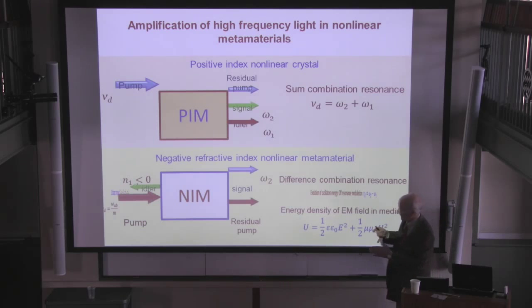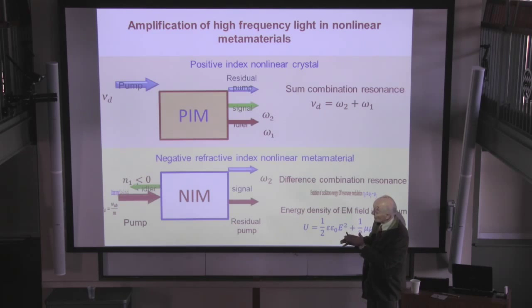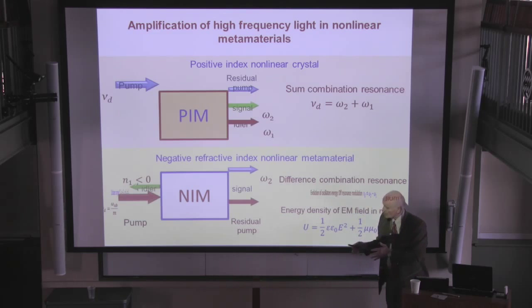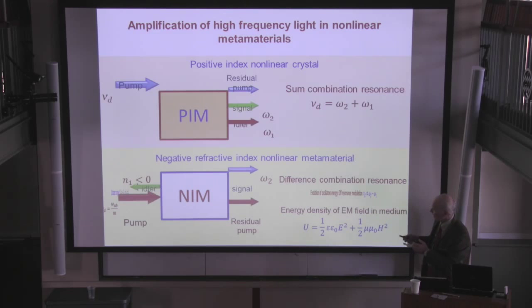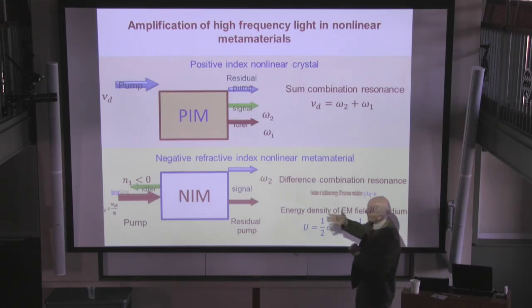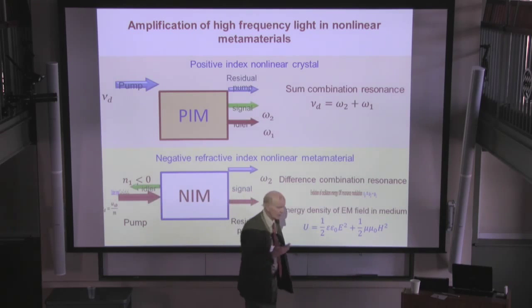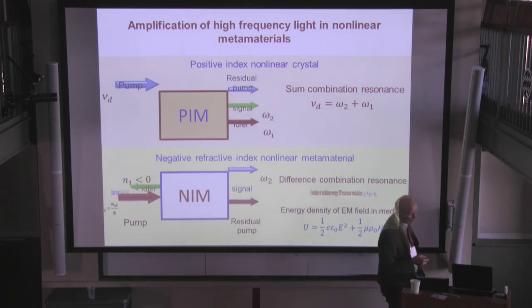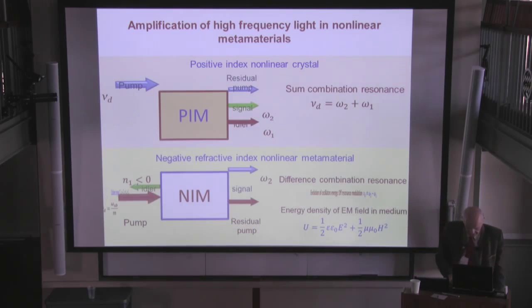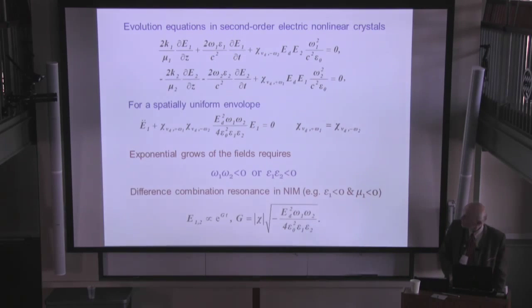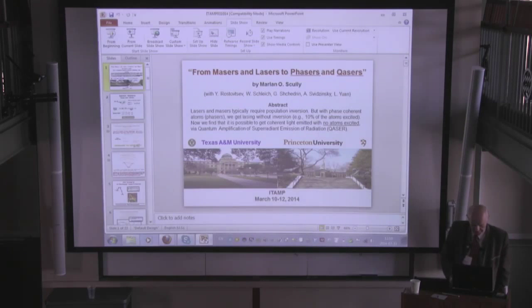But if I'm looking at the situation in which the epsilon and mu are negative, then I end up running out of time and battery at the same moment. I end up getting this QUASAR effect, quantum amplification by superradiant emission of radiation. And there are analysis, there's some equations, there's some more, that's it.